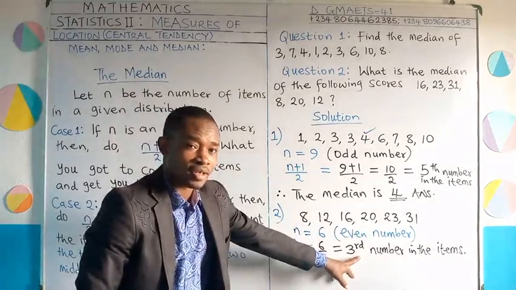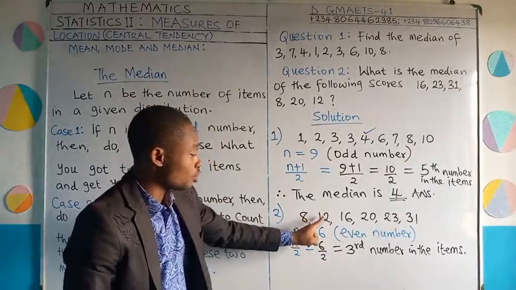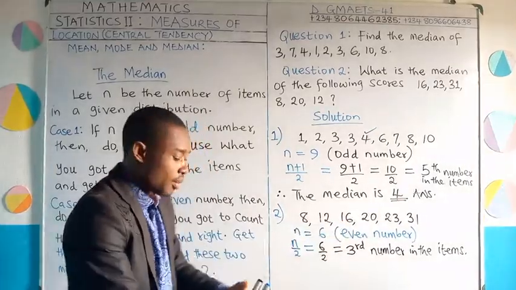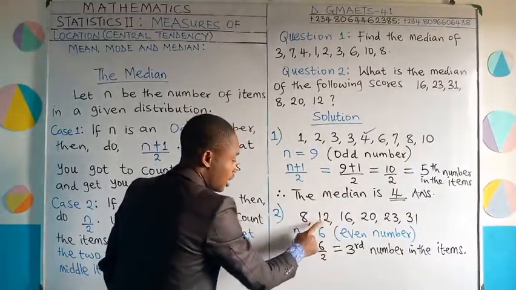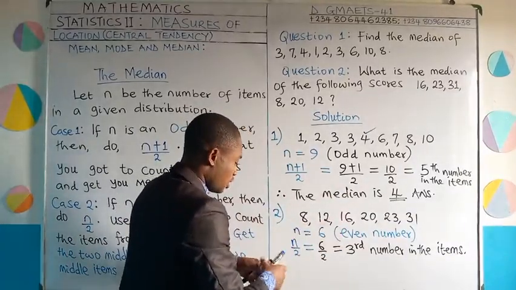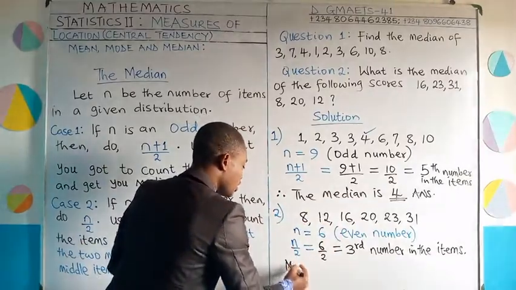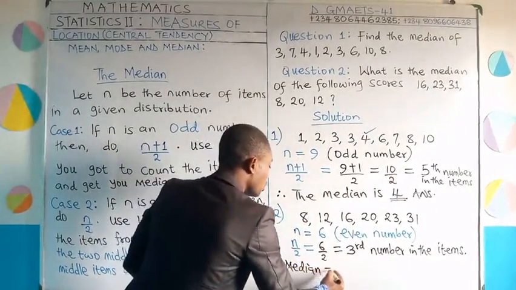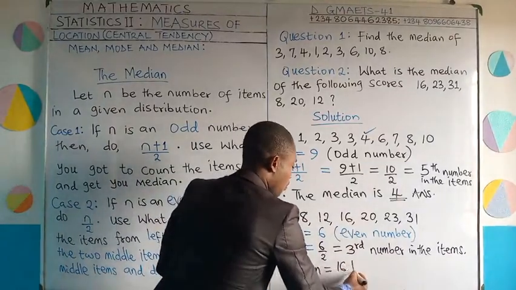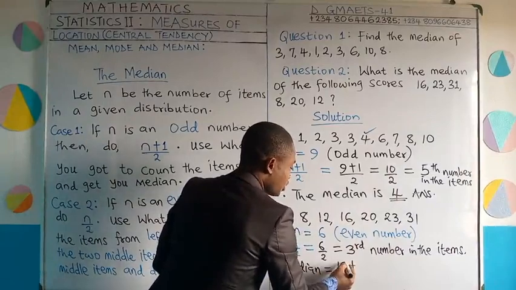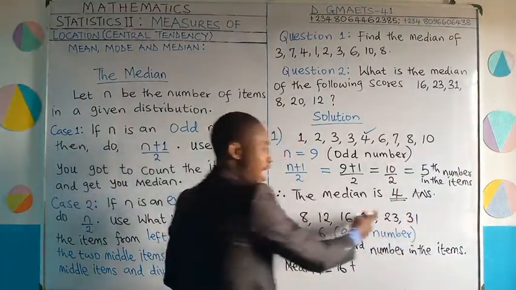So let us go. I'll come to the distribution. Third number in the distribution, I'll count from the left. 1, 2, 3. The third number is 16 when you count from left to right. This gives me that median is equal to 16 plus, you now count from right to left.